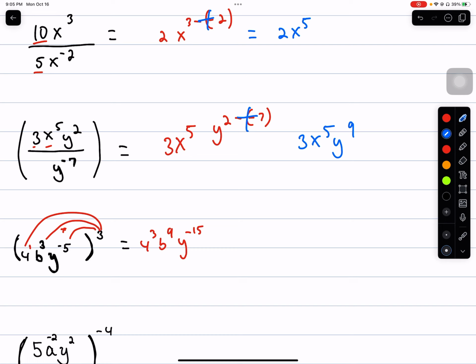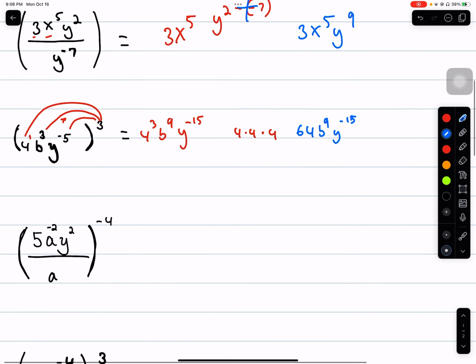So my answer here is, what is 4 to the 3rd? 4 times 4, 16. 16 times 4, 64. So I have 64 b to the 9th, y to the negative 15. All right, let's continue.